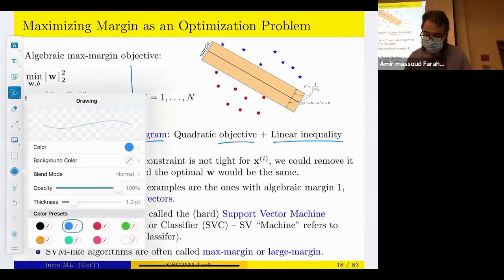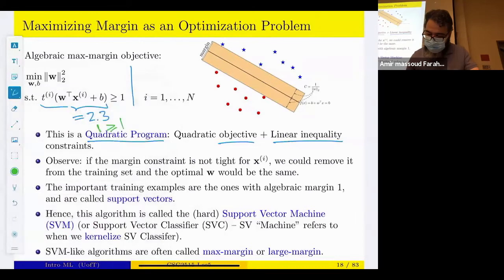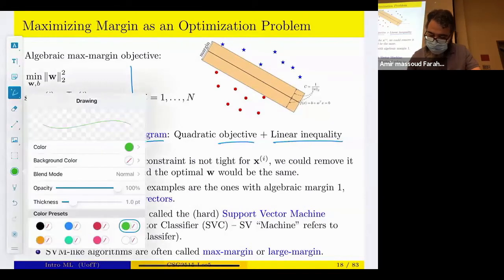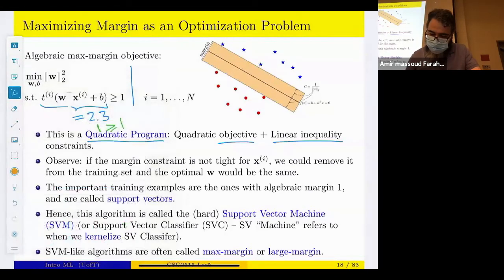So in the case where, for some xi, for example x10, the 10th data point, we have this situation, if I remove that point, the optimization problem does not change because the constraint is already satisfied and it's not tight.